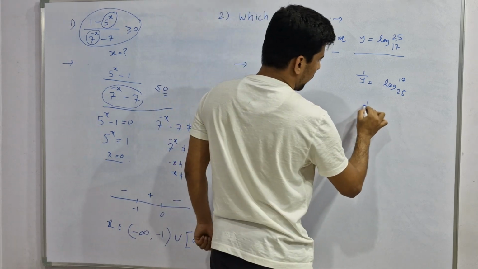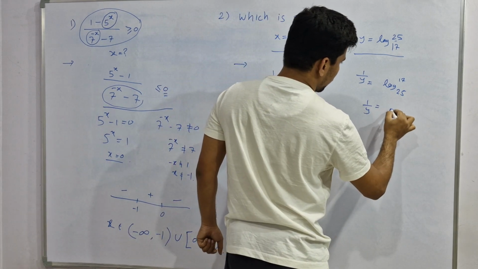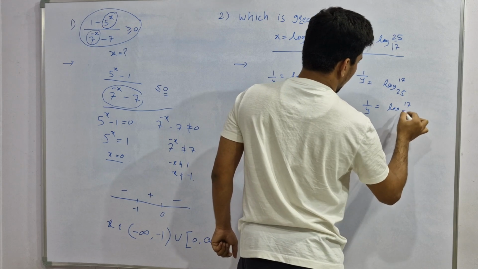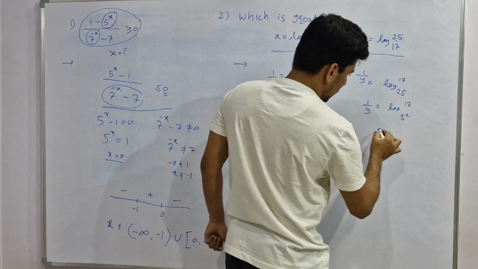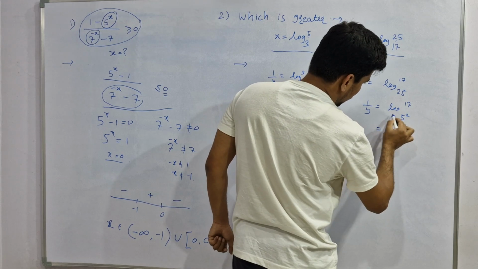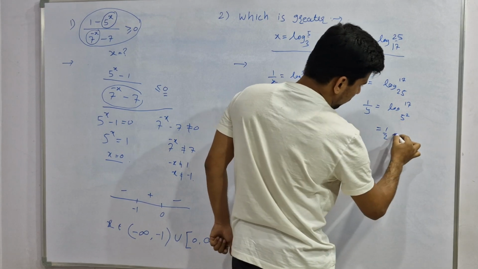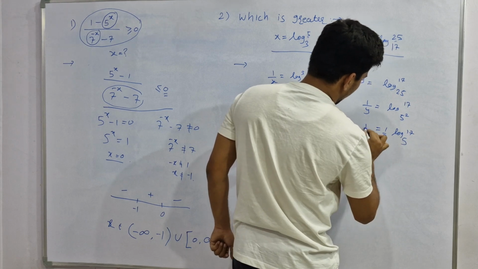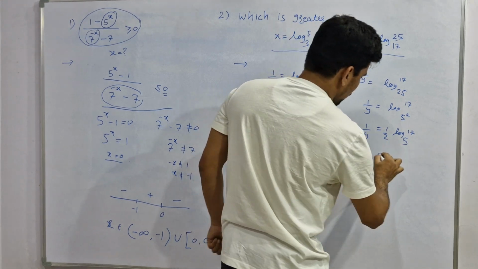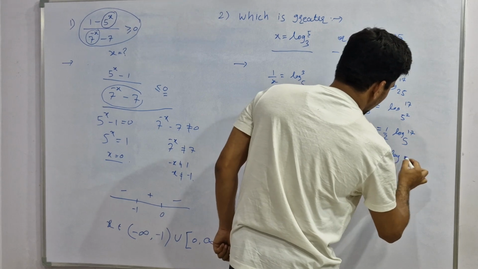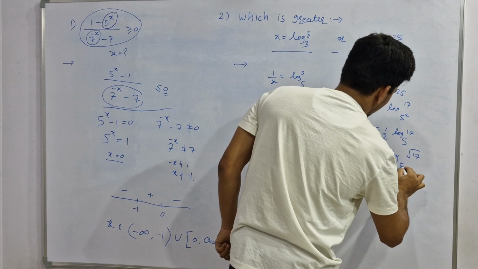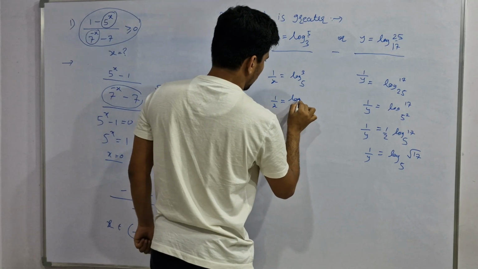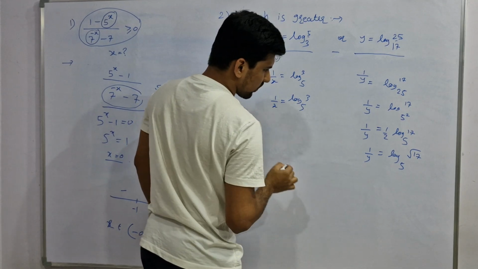So if we simplify further, it becomes log 17 to the base 5 to the power 2. When the 2 goes here, it becomes 1 by 2 times log 17 to the base 5. So 1 by y is log root 17 to the base 5, and 1 by x is equal to log 3 to the base 5.